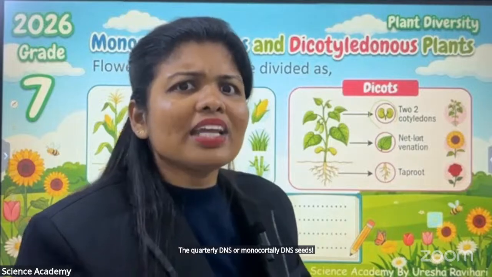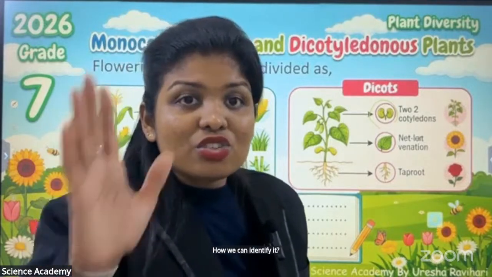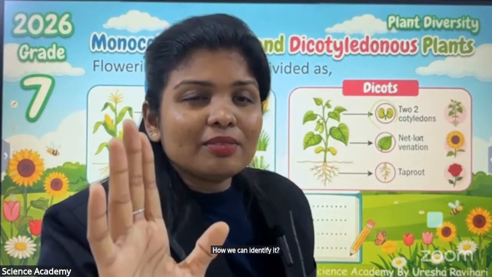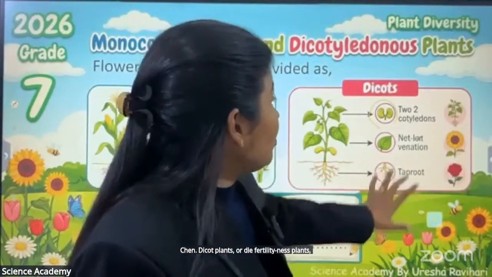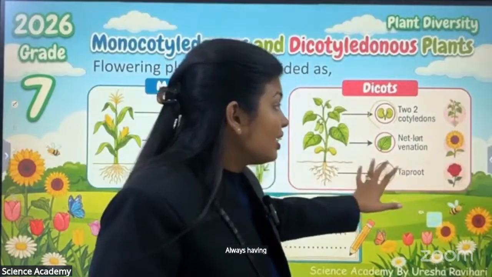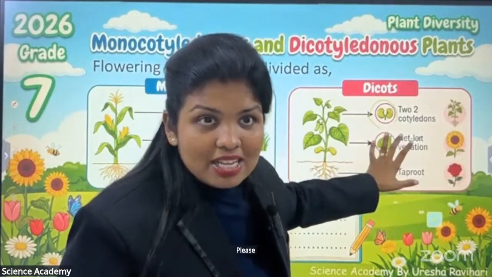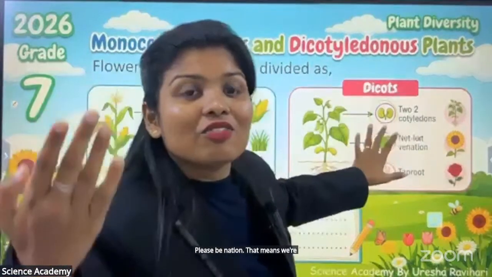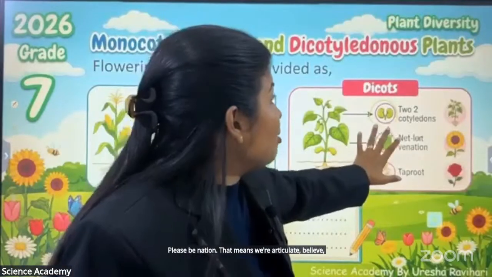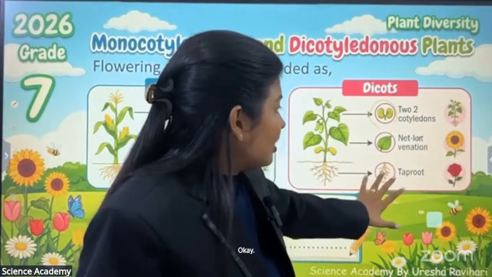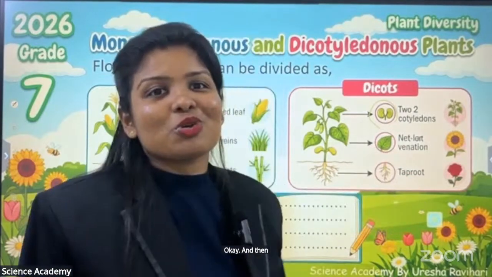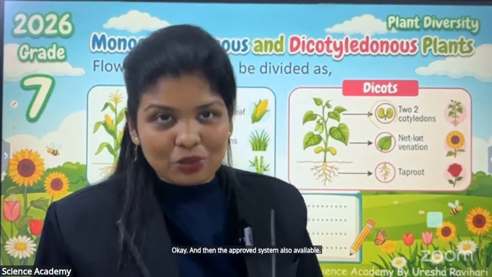How can we identify? Dicotyledonous plants always have net leaf venation. That means reticulate leaf venation is available in dicots. And a taproot system is also available in dicots.